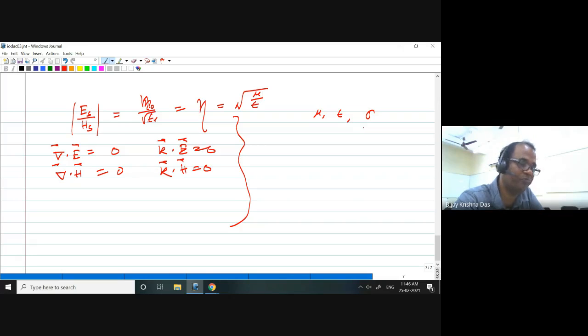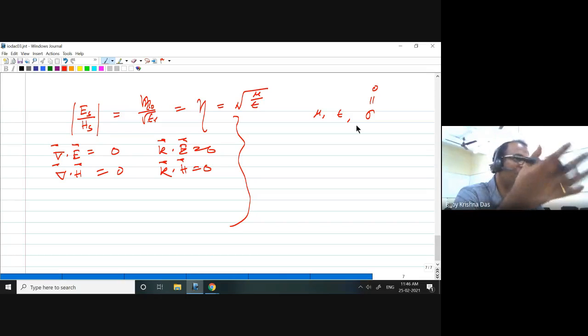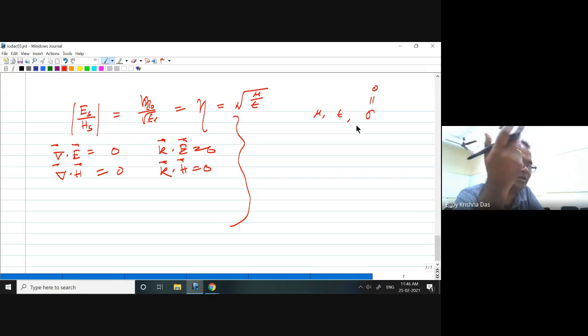So far we considered sigma equal to 0, a dielectric medium. But you will not get any material where sigma equals 0. For example, in a silicon waveguide, sigma cannot be completely 0, though we can consider it transparent. There will be some free carriers that contribute to loss. So conductivity sigma will be there, right?